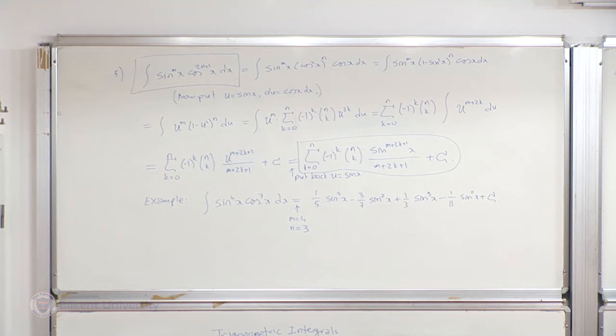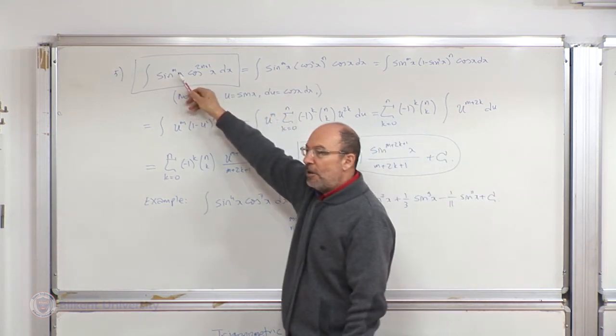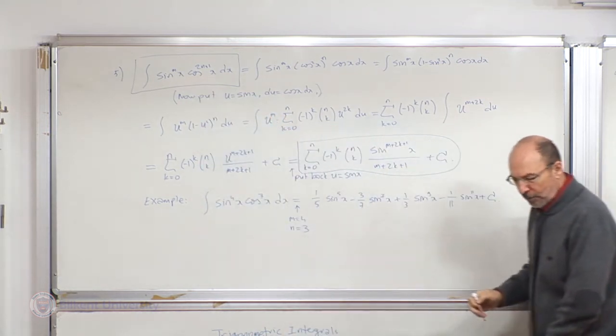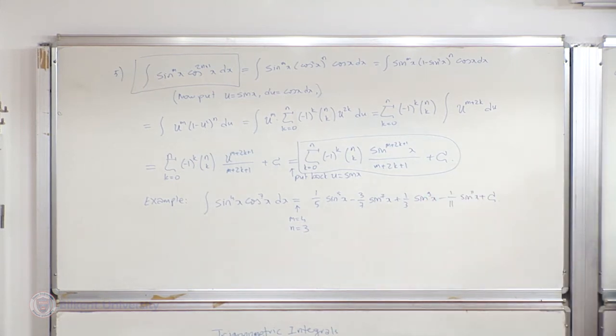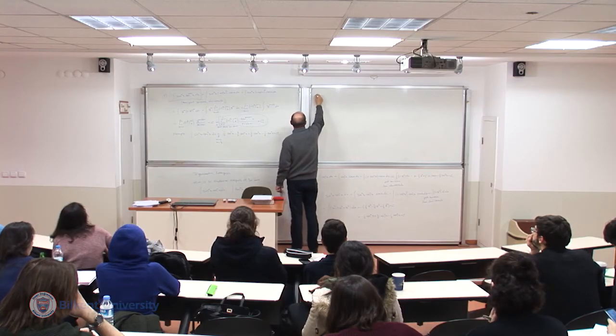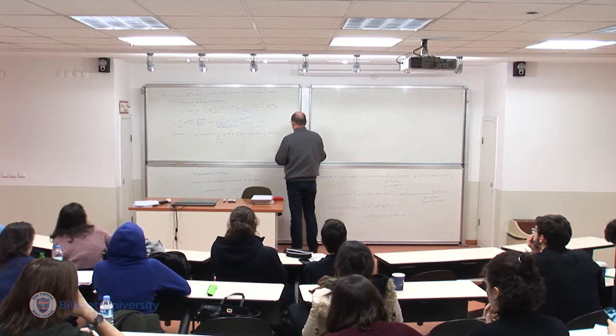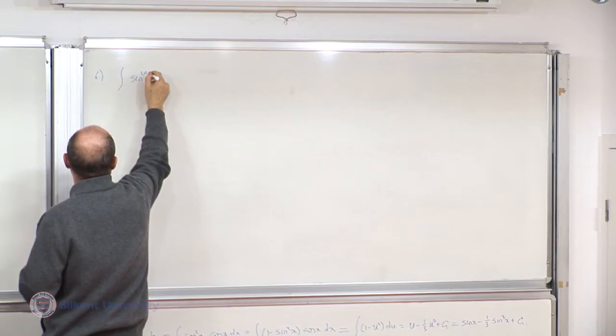Okay, so let's do exactly the same thing, but this time the odd power is here. So this is now the integral of sine 2n plus 1, sine x cosine m x dx.